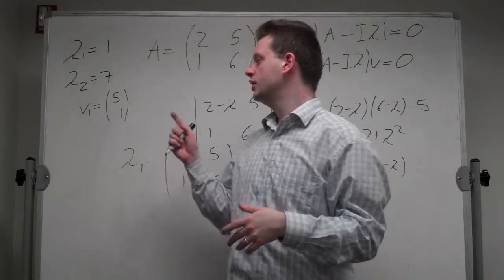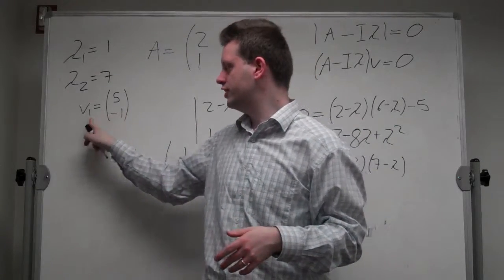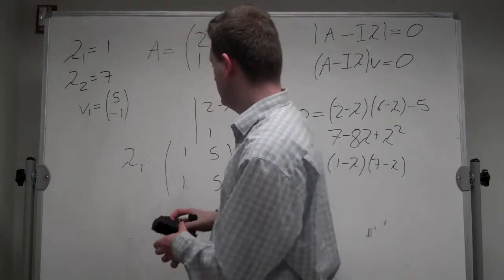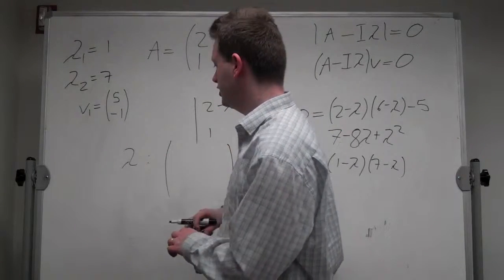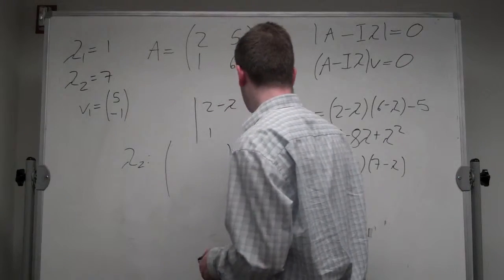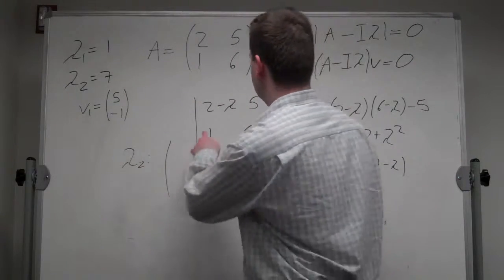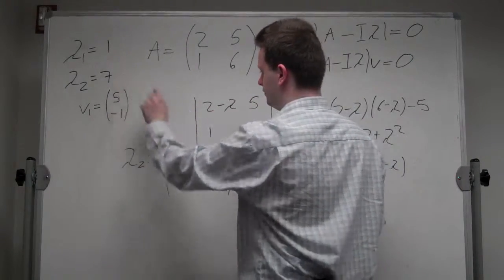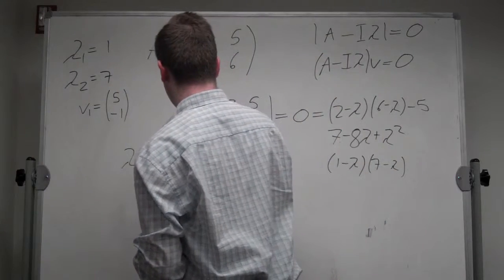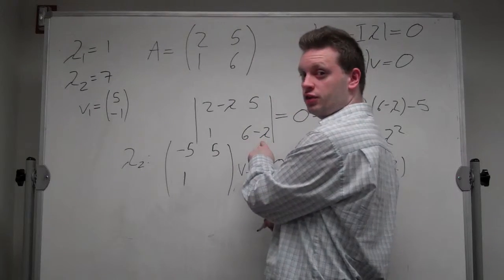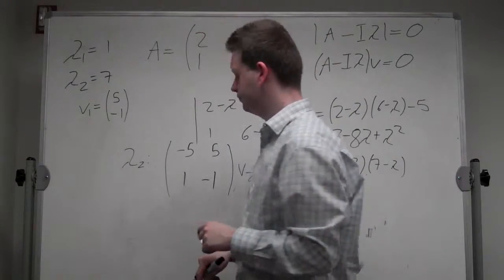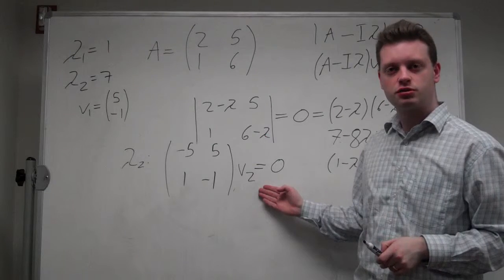So let's find the second eigenvector, v2. For v2, we again write down the matrix. This time we have to subtract 7. So 2 minus 7 is minus 5. We still have 5 here, we still have 1 here. 6 minus 7 is minus 1. And we need to have this expression hold.